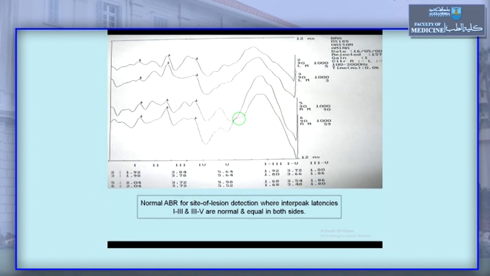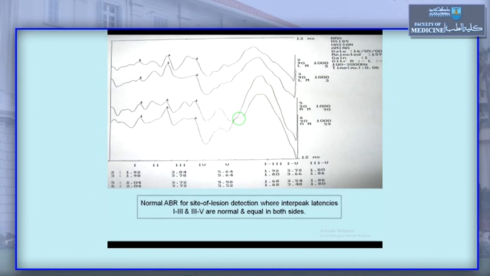The second application is that we can verify the integrity of the brainstem structures. As I told you, the different waves occur in sequence. So if you study the time relationship between the different waves, you will know something about the conduction time of the waves.